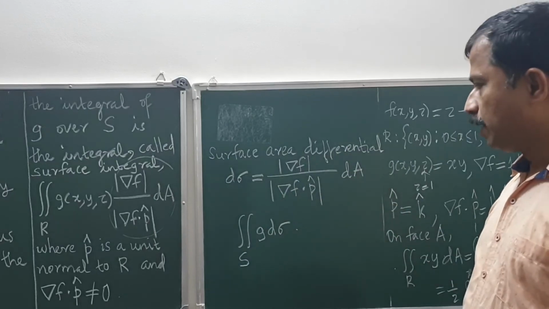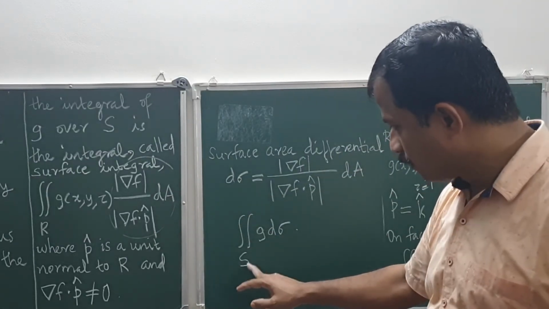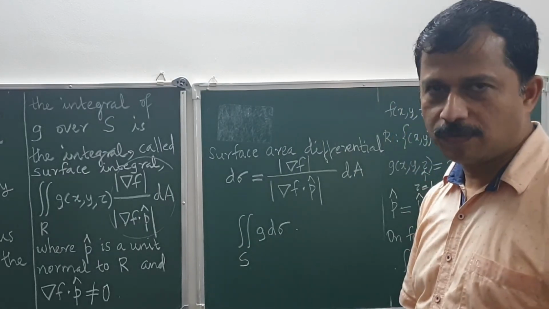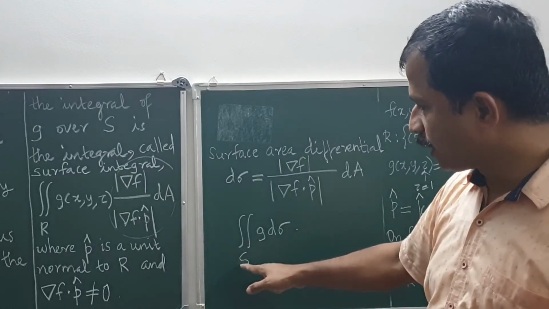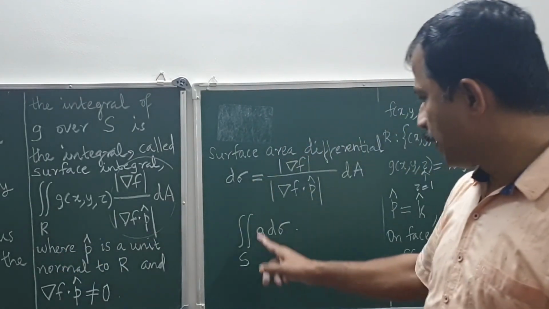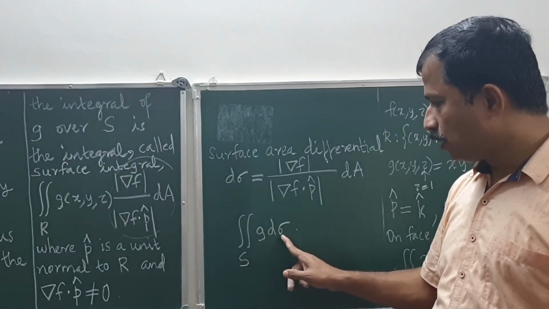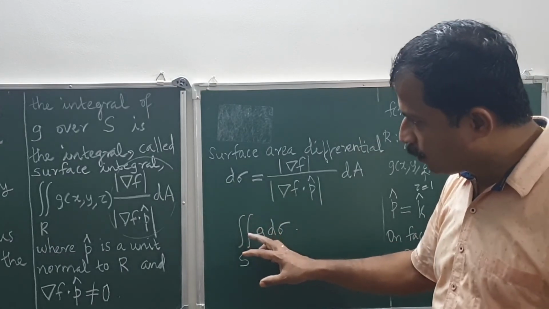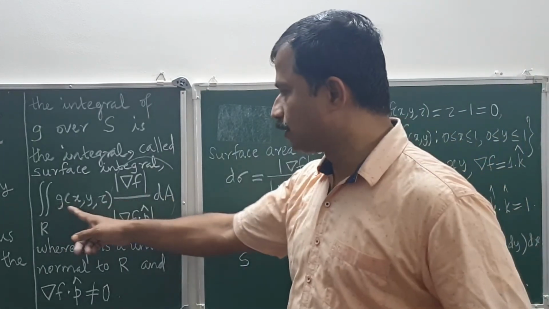We denote this by the double integral over S, where S is the surface on which we find the surface integral, not the difference. Here S, here R. Here we evaluate the surface integral of g d sigma, and such an integration is done using this formula.